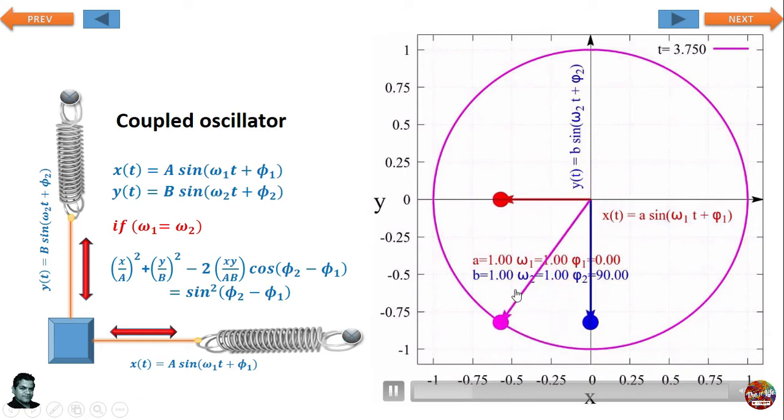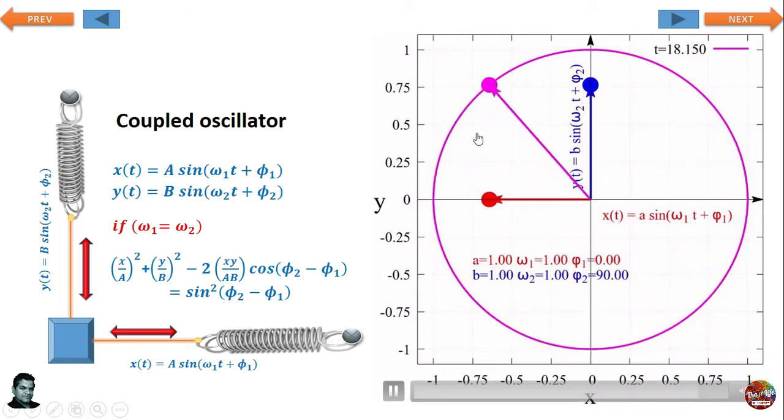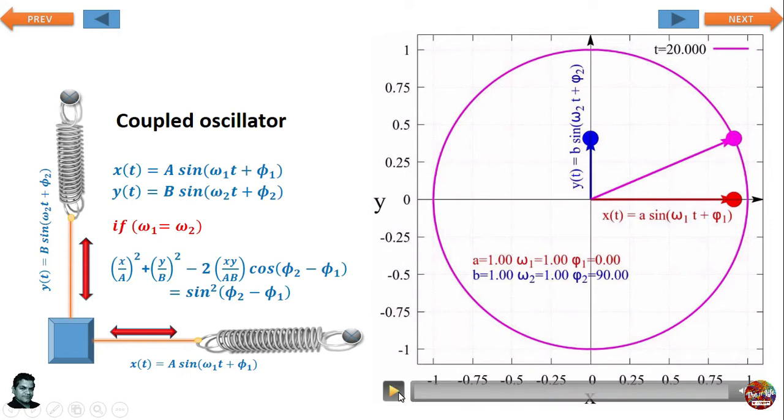Now what you see here is this pink dot represents the resultant motion of the oscillation as it is coupled simultaneously to these two oscillators. In this case the phase difference between the two oscillations, the blue one and the red one, is 90 degrees, and the angular frequencies for the two oscillations are the same and the amplitudes are also the same.